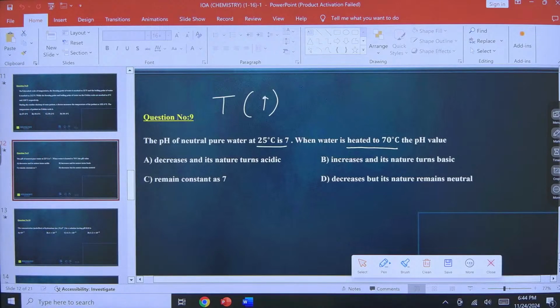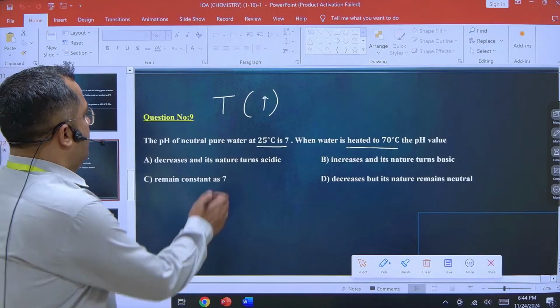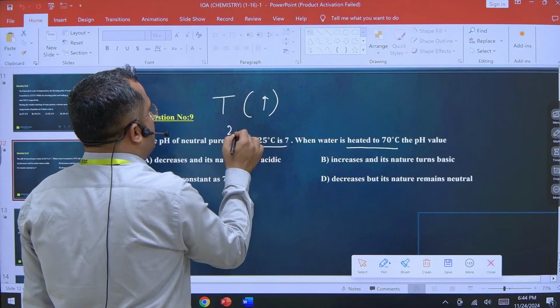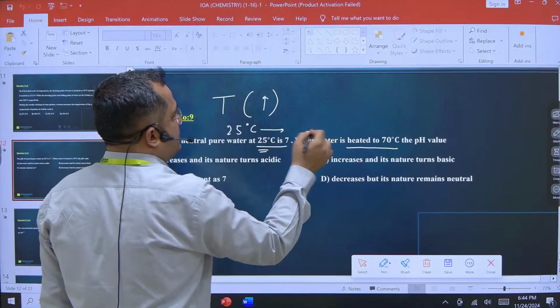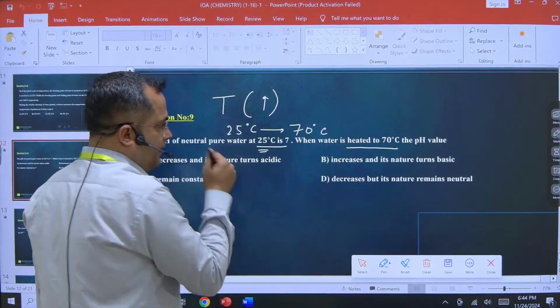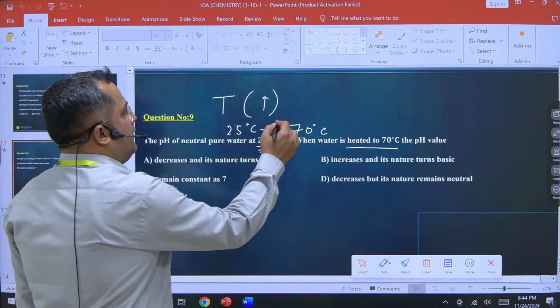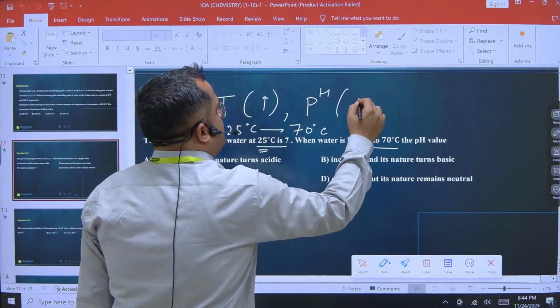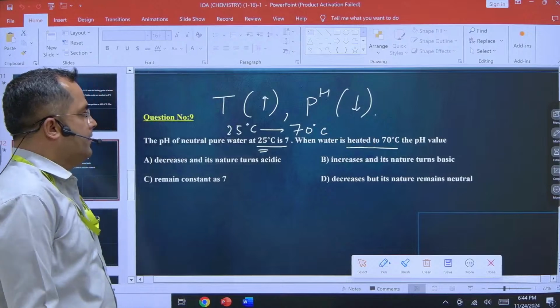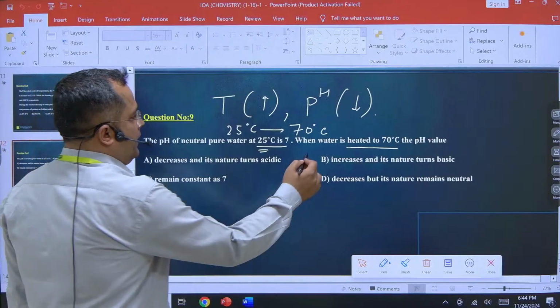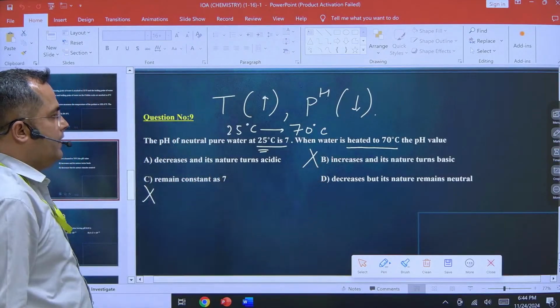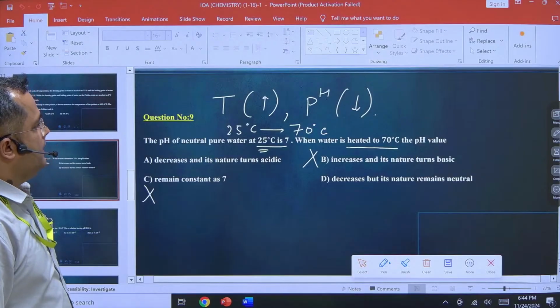And we have seen in the earlier class question also, if temperature increases, pH value decreases. Earlier the temperature is 25 degrees Celsius, and from 25 degrees Celsius they have increased the temperature to 70 degrees Celsius. And we all know pH decreases. First point is clear. It will not remain constant. It won't increase. So for now, A and D are candidates. pH is decreasing.